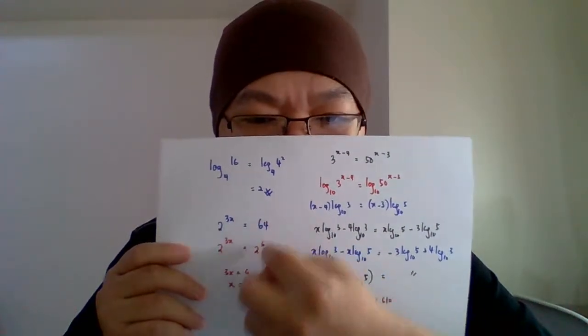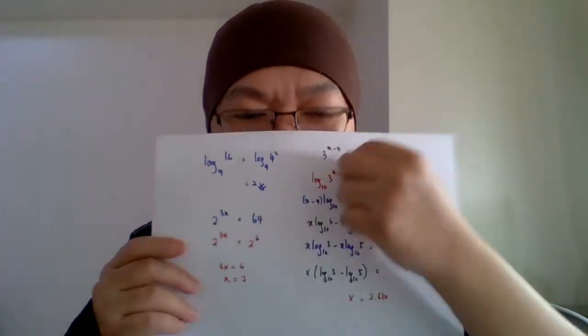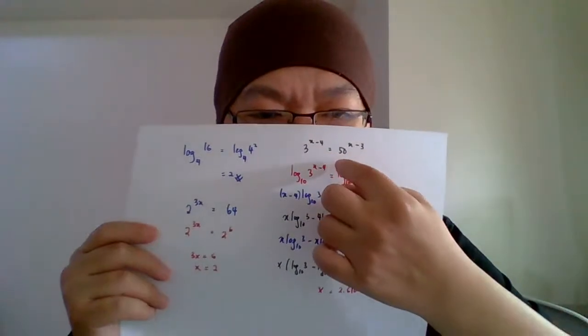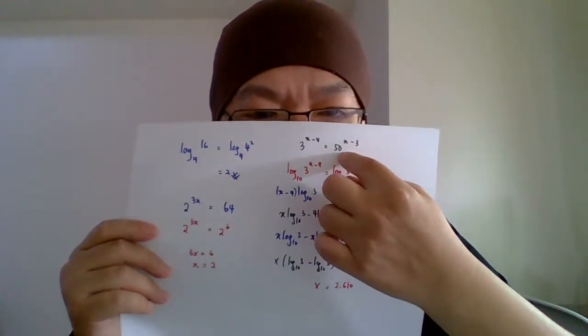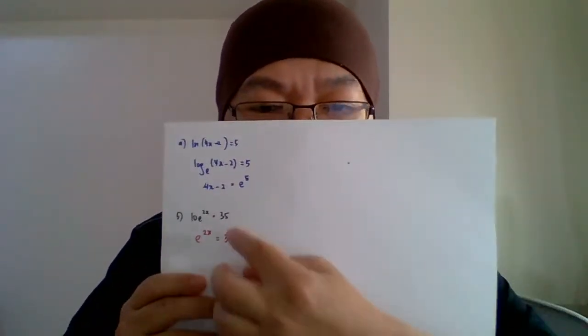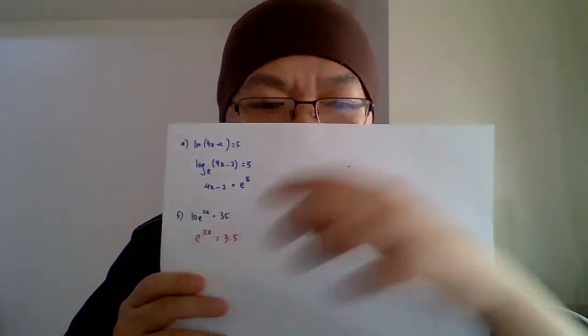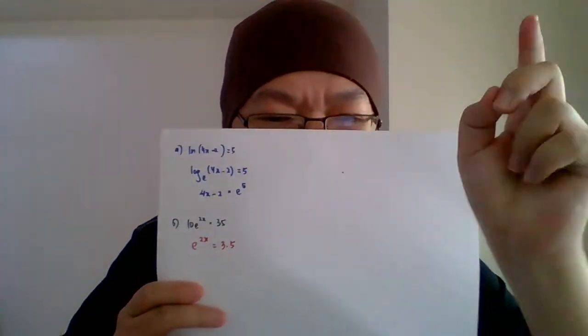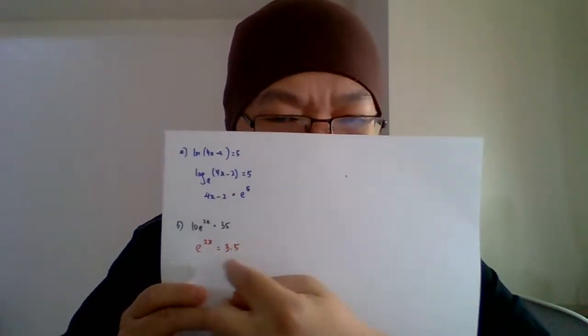Can we convert 64 to become 2 power something? Yes, easy. But what happens if we cannot convert to 3 power something? So that's why we put log, right? This question is also the same thing. How to convert 3.5 to become e power something? We don't know. That's why we need to put ln on both sides.